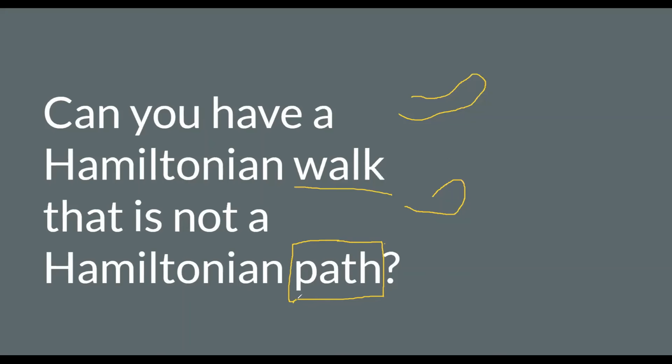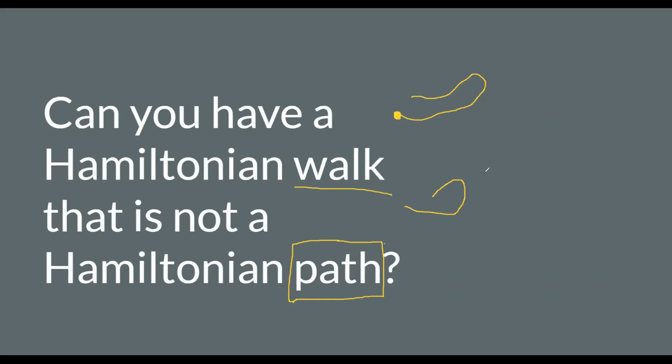And the answer to this question is actually no. You cannot have a Hamiltonian walk that is not a Hamiltonian path, because if that occurred, that would mean that you have a Hamiltonian walk that visited a vertex more than once. But remember, that's not possible because a Hamiltonian walk must visit each vertex exactly once. So it can't visit it more than once or less than once.